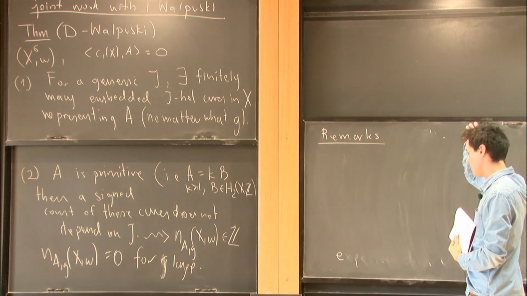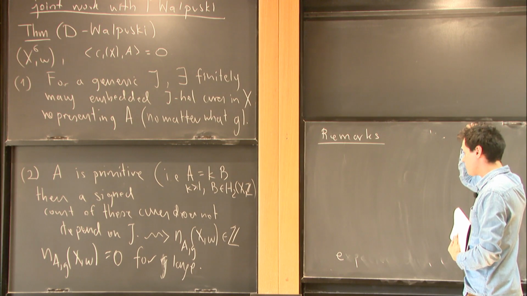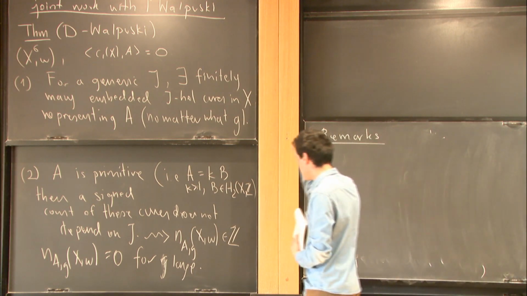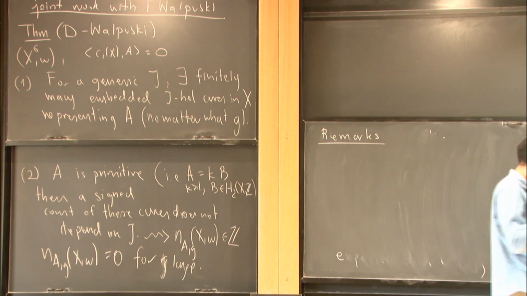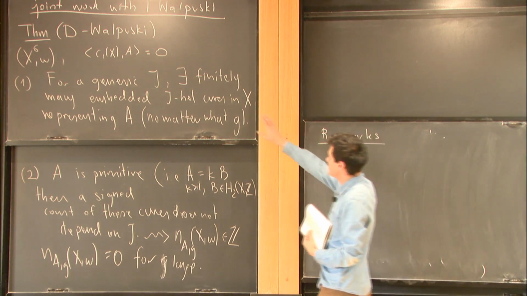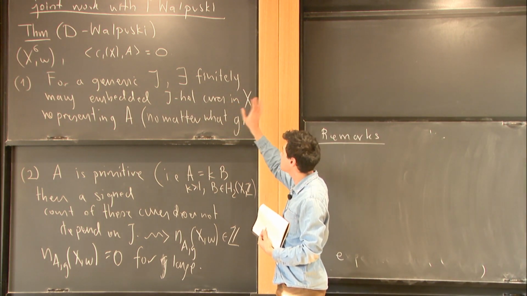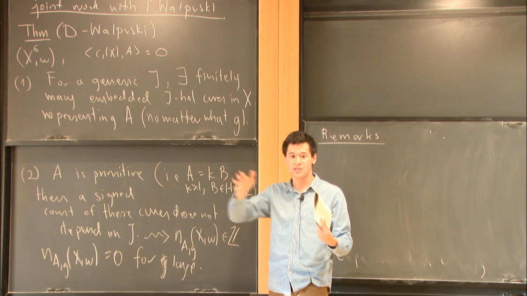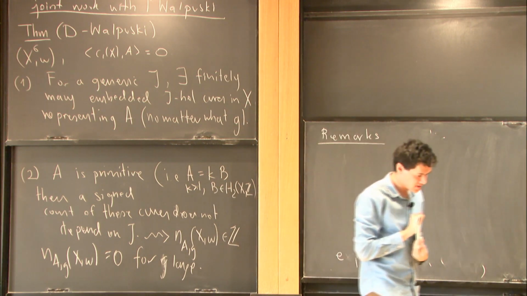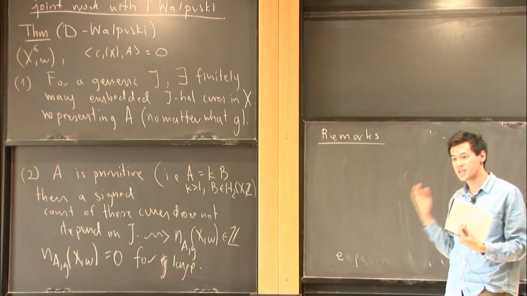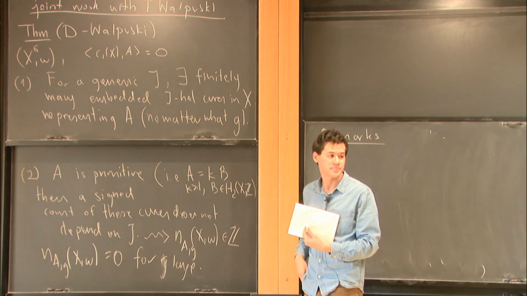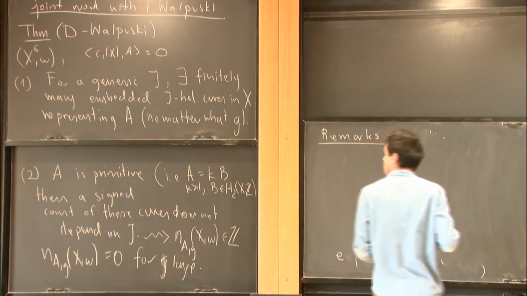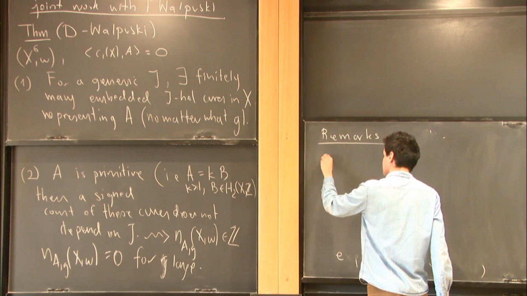So let me make some remarks. Of course, the most interesting case is always when A is not a primitive class, because that's where all the trouble is with multiple covers. The first part of the statement says that, nevertheless, for J generic, you can have finitely many isolated curves. You can define a signed count of them, but typically it won't be an invariant. And this is related to something called superrigidity.